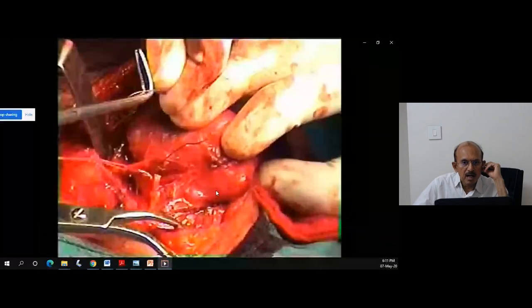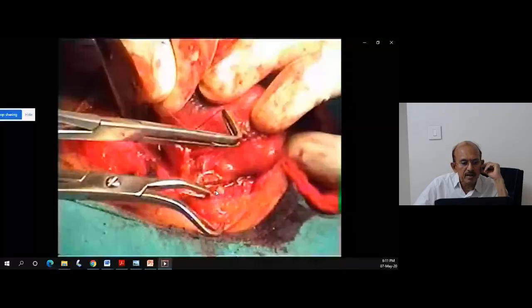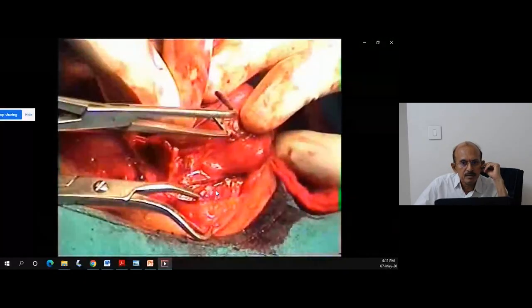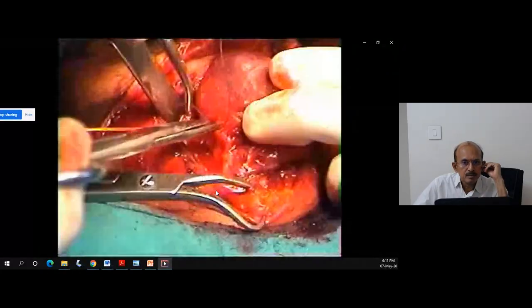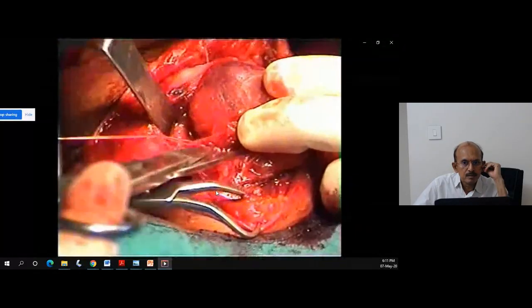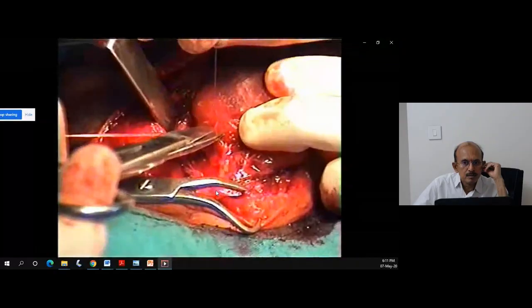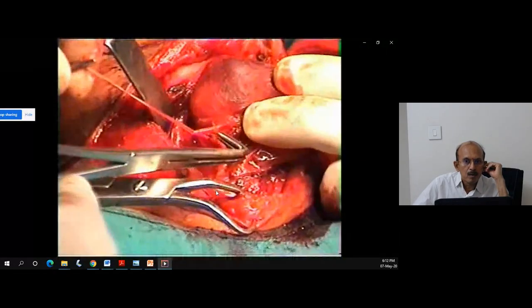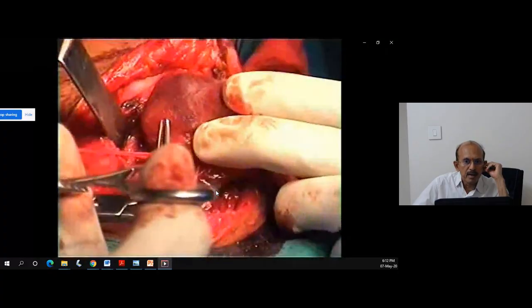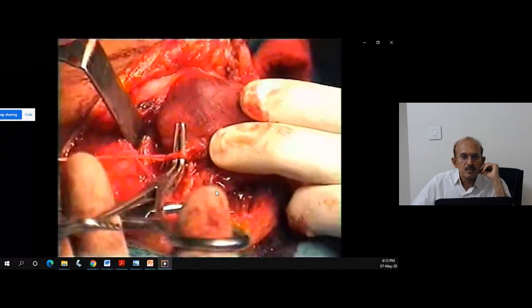So just away from the nerve, I am ligating the branch of the inferior thyroid artery. Now I think we can appreciate the nerve very much.